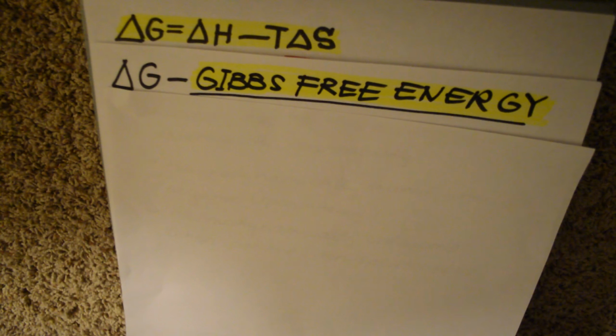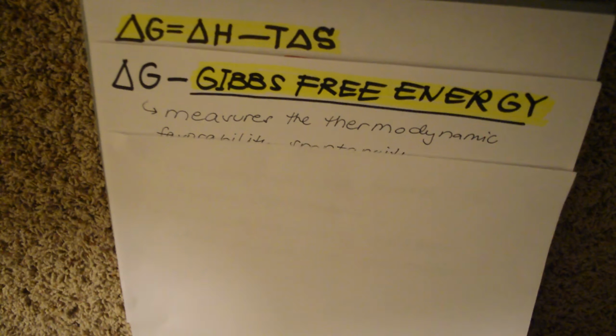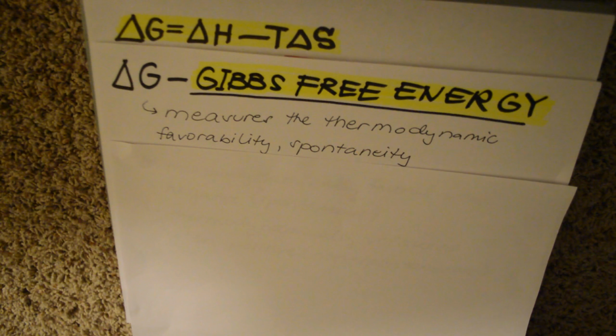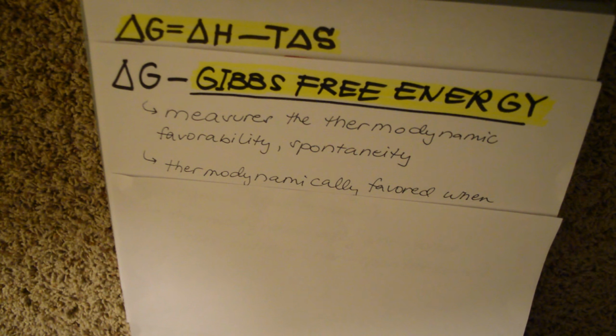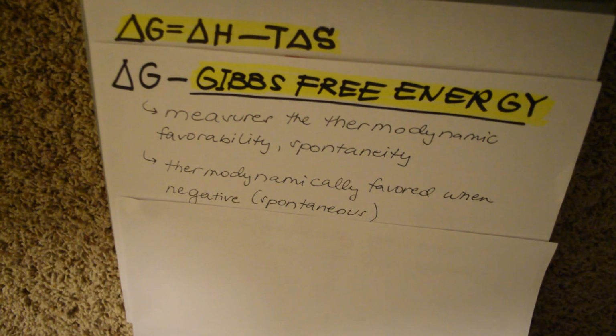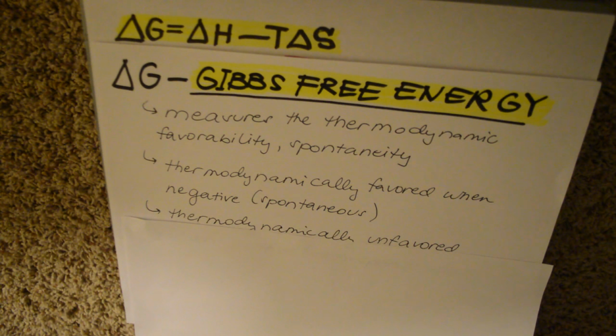And for delta G, we have Gibbs free energy. Gibbs free energy measures the thermodynamic favorability or spontaneity of a reaction. It is thermodynamically favored when delta G is negative, meaning it would be a spontaneous reaction, and it would be thermodynamically unfavored when it is positive, meaning it would be a non-spontaneous reaction.